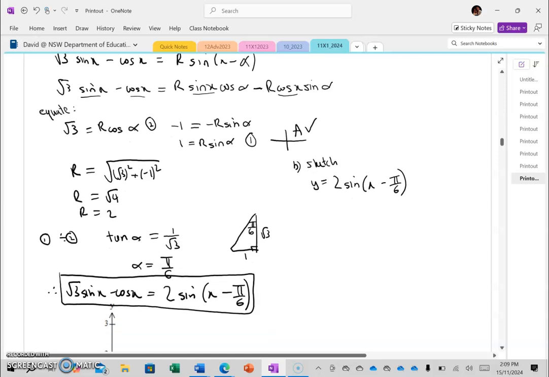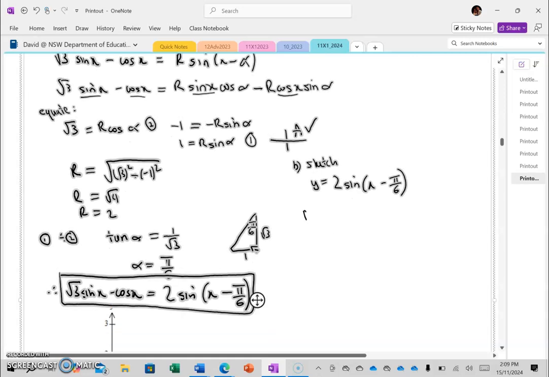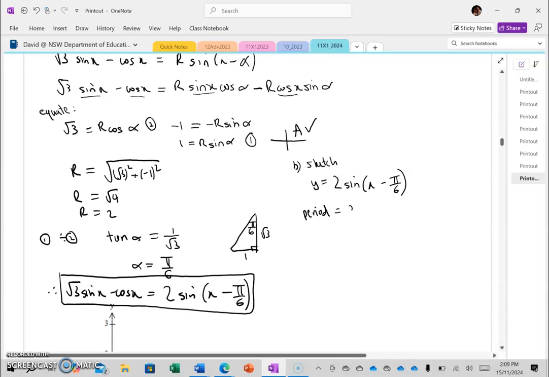If I wanted to sketch this, I'll go through all the usuals we do in 2-unit. The period is 2 pi divided by the coefficient of x, which is 2 pi divided by 1, which is 2 pi. Everything important happens every period divided by 4, which is pi on 2. So that tells me my spacing should be pi on 2. What else do I see here? I see that there's a horizontal translation.